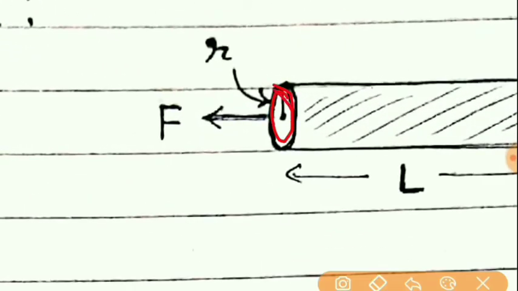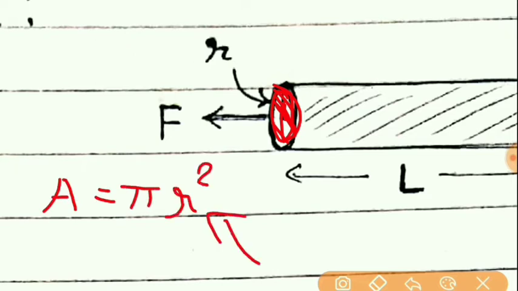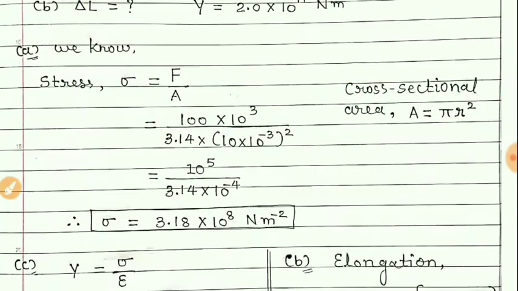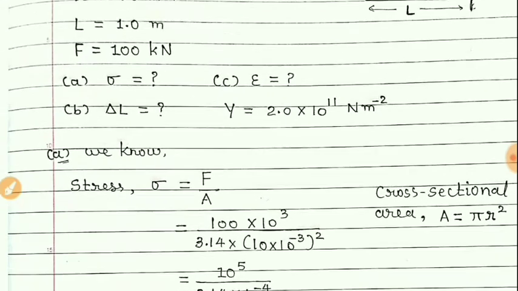This is the cross sectional area, and it is circular. And so the area A is equal to pi r square. R is given to us. And so pi, that is 3.14, and radius, how much radius is given?